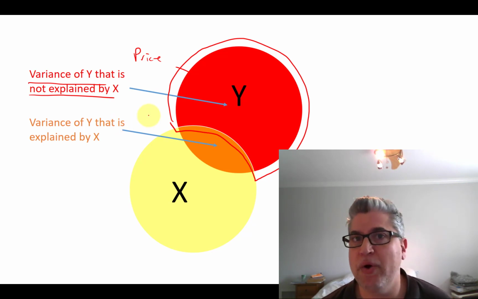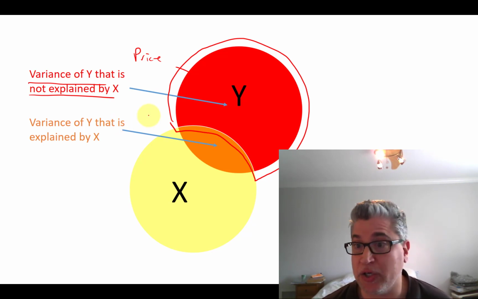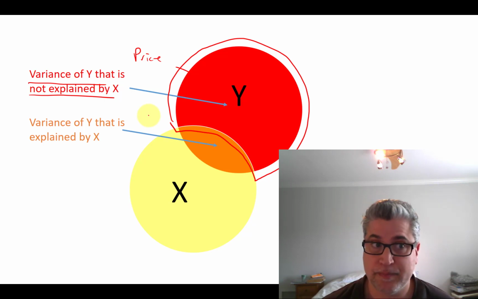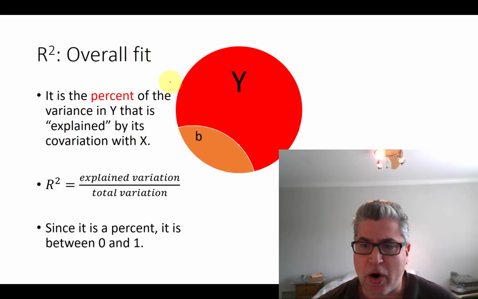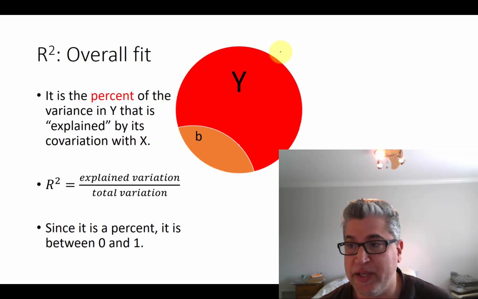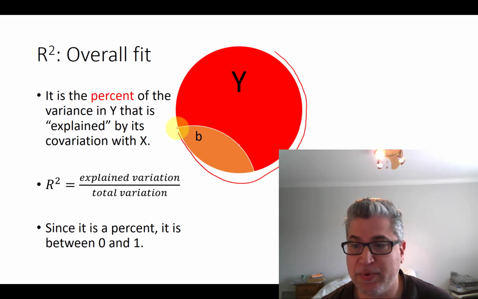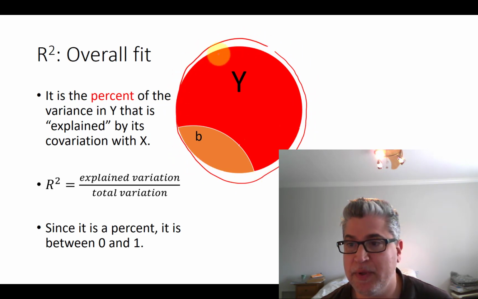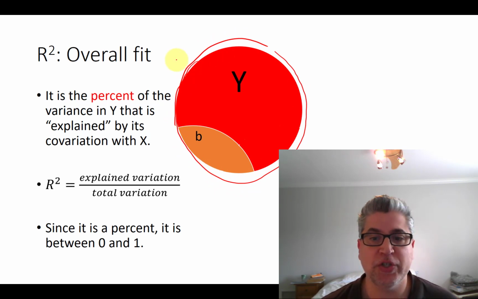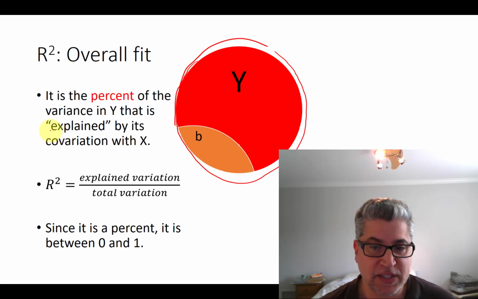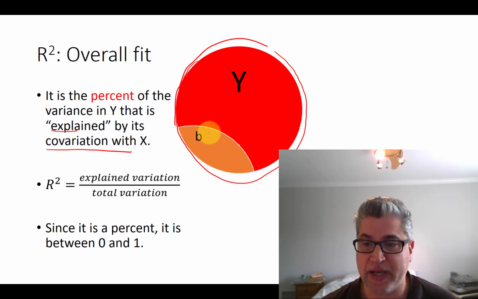Those are the basic components in calculating r squared. So what is r squared? R squared is the fraction or the percentage of the entire variance of price, all the different prices that we see in our data set. So the fraction of that large circle that is explained by its covariance with x.